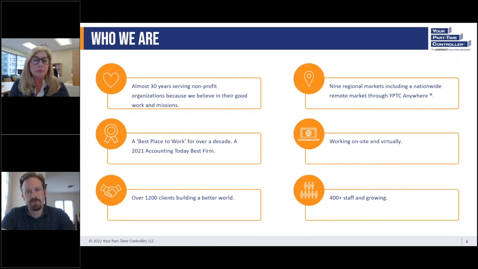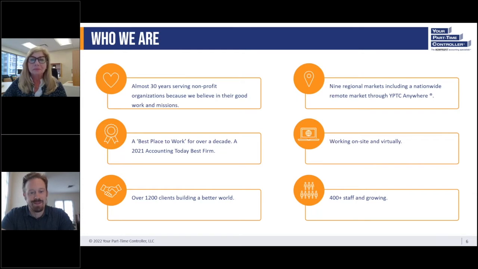Thirdly, we may be hired because a board member or executive director is being proactive about having third-party oversight over their financial reporting. And lastly, we may also be brought in after a fraud to help clean up a mess and help implement better accounting policies and procedures, including fraud prevention and good internal controls, which brings us to this topic today.